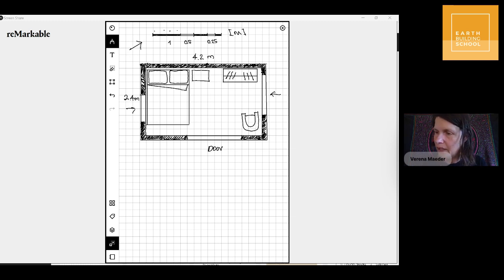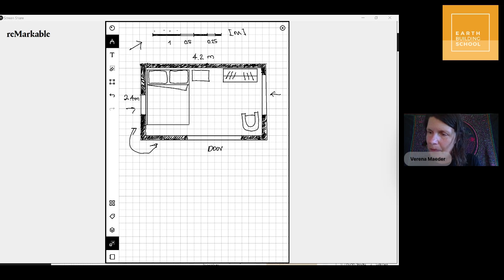So if we think about one of these squares being 0.25 of a meter, you see that this corner here is not quite strong enough. So you really need a little bit more wall length here in order to have this whole thing stiff enough.